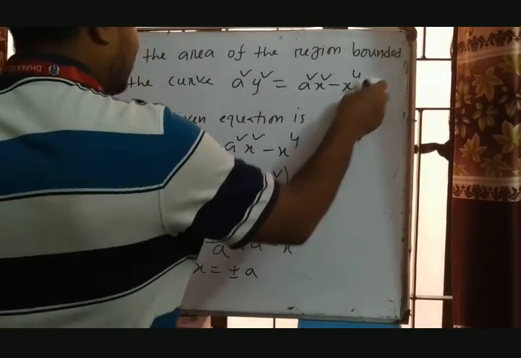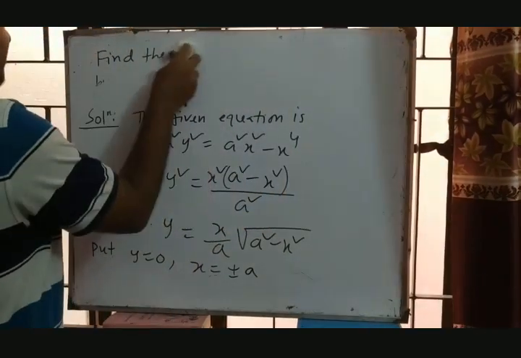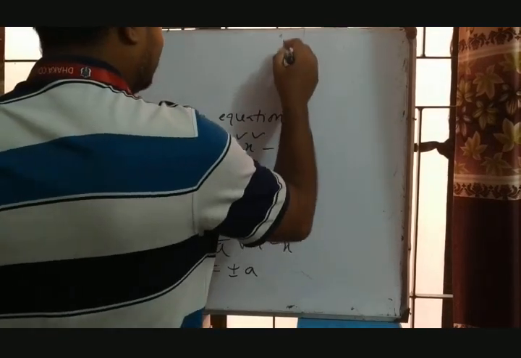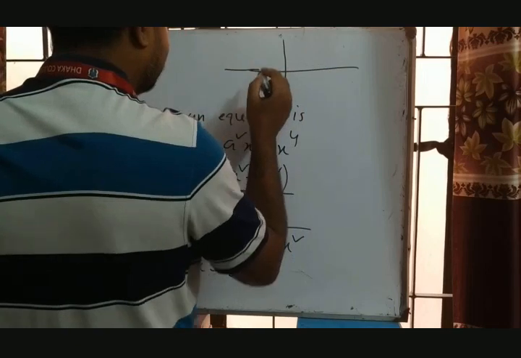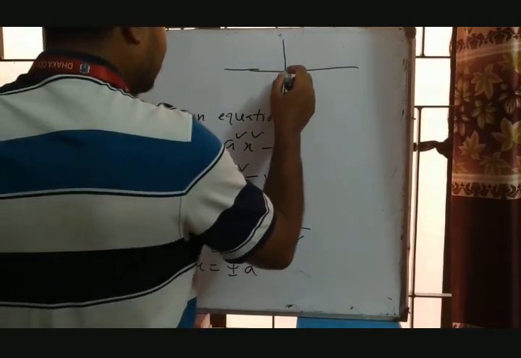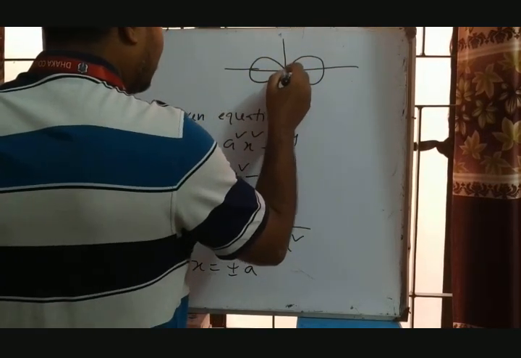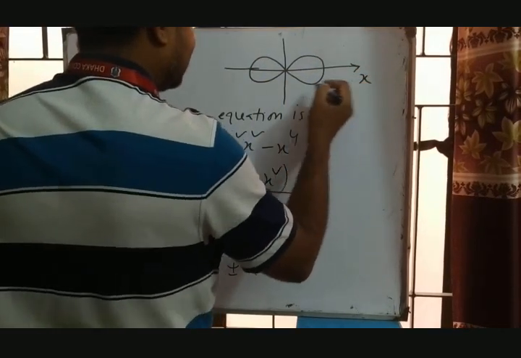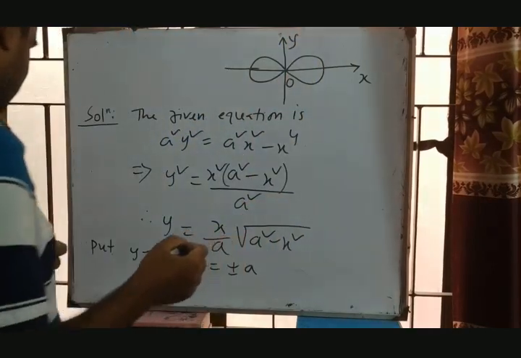So the curve is, now if we draw the curve, we get the following picture. The picture is something like this, which is x-axis 0 and y.